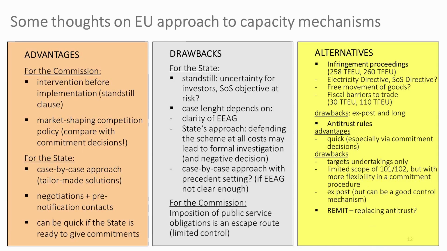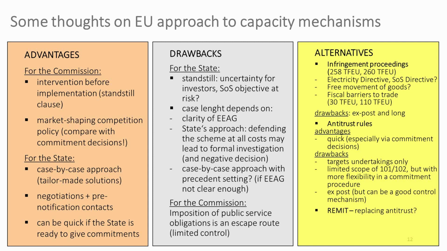Let's maybe sum up this approach. On the plus side, state aid control gives the Commission an opportunity to intervene before the state implements the mechanism, and the state cannot implement the mechanism until the Commission approves it. That's the so-called standstill clause.